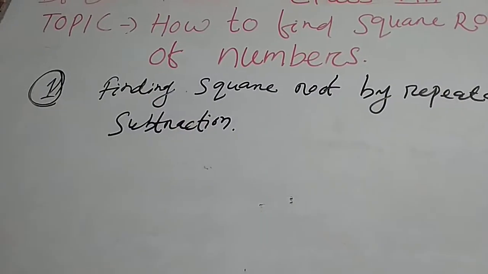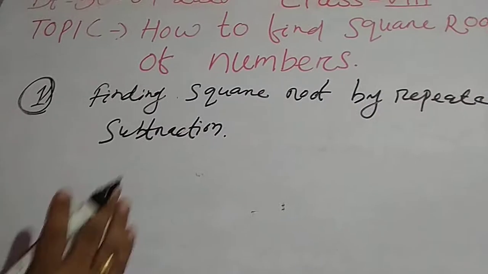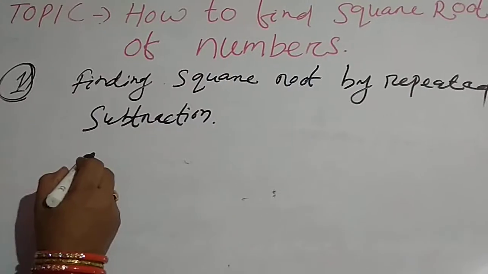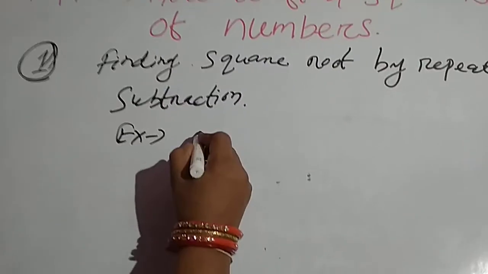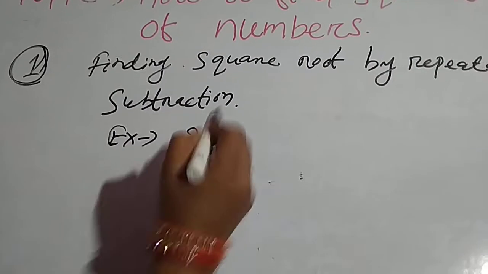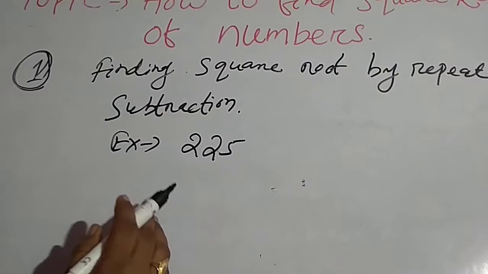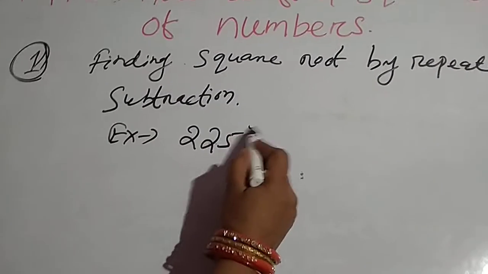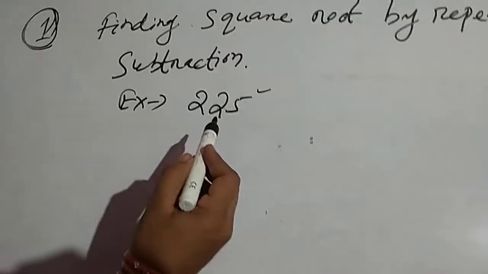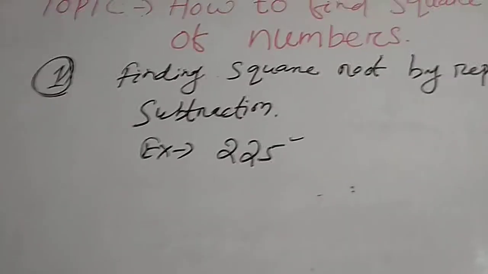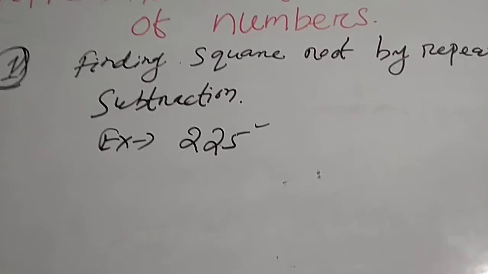So how do we find the square root using the repeated subtraction process? Suppose a number, 225. When you find the square root of any number, we subtract only successive odd numbers. So first is 1, second is 3, third is 5, then 7, then 9, then 11, then 13, like that.